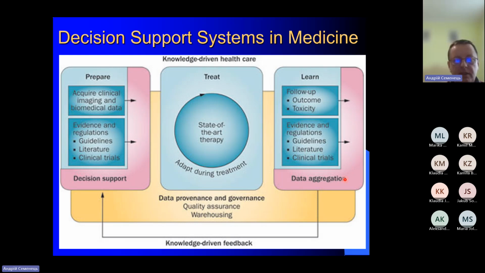So here is given a chart which shows us a modern approach to improve healthcare with a knowledge-driven mode of assistance, which involves data aggregation, decision support system providing, and adapting during treatment, with involving of data processing governance, and so on.